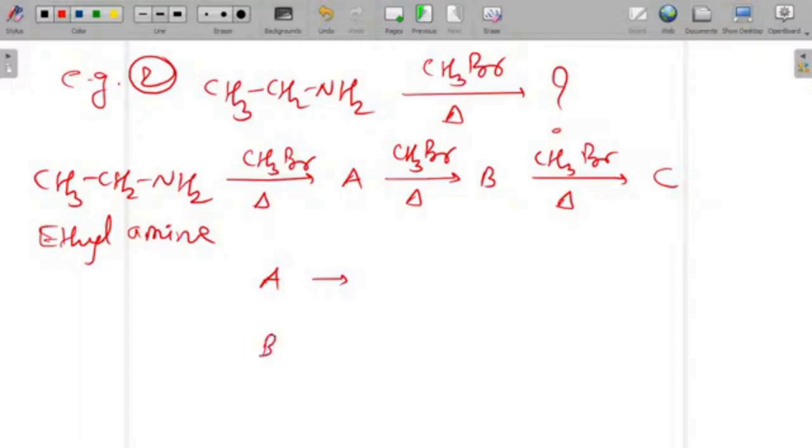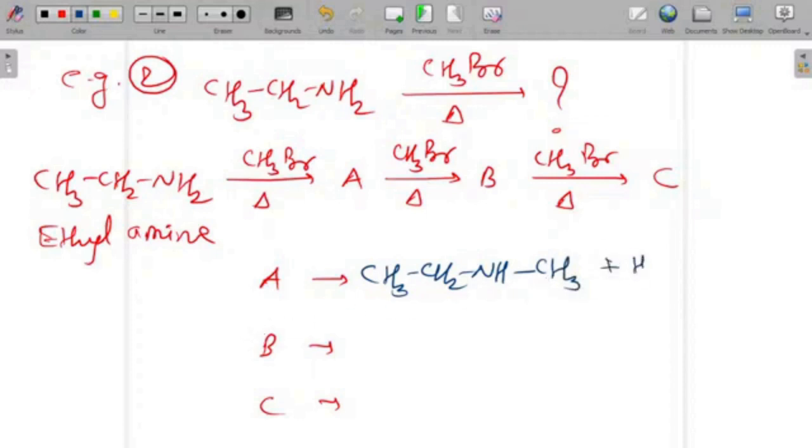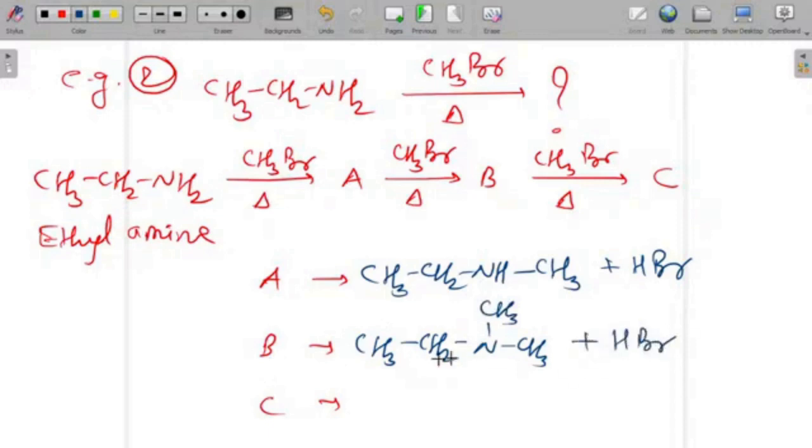So I am writing the products here, A, B and C. What is product A? CH3CH2NH, one of the hydrogen atoms is replaced by an alkyl group, that's why it is the product, plus you will get HBr as a byproduct. B product is CH3CH2N(CH3)CH3 plus HBr as a byproduct.